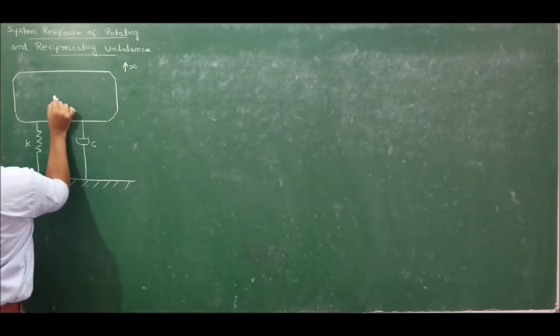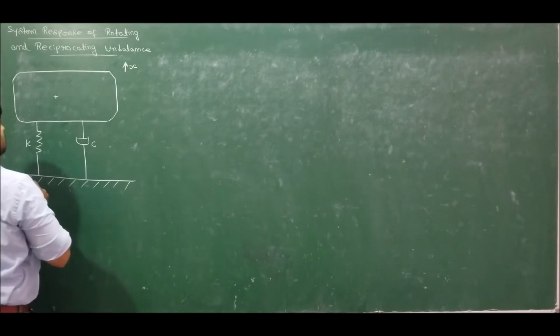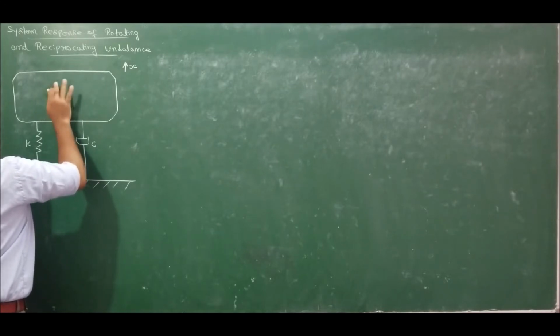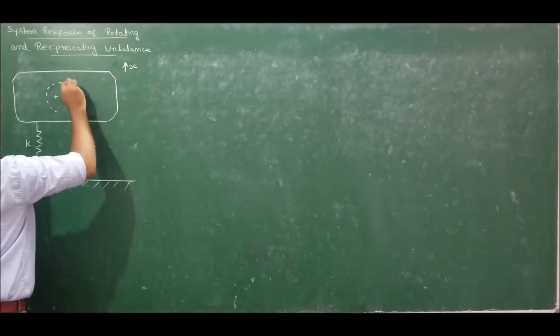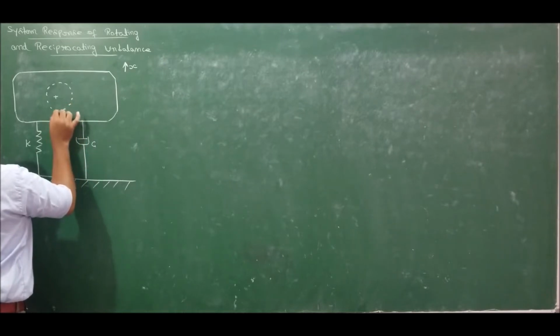As I said, let us have the axis of rotation and the eccentric mass, that is the rotor, which is placed at a distance e from the axis of rotation, that is the distance between the axis of rotation of the entire machine and the center of gravity of the rotor.